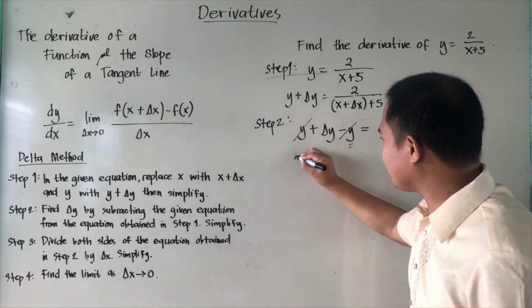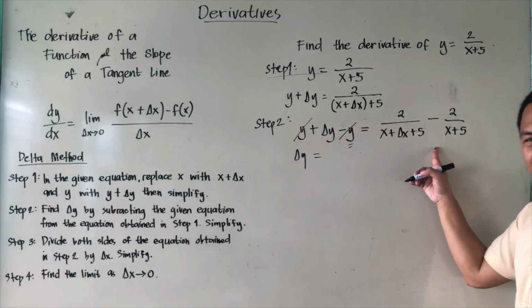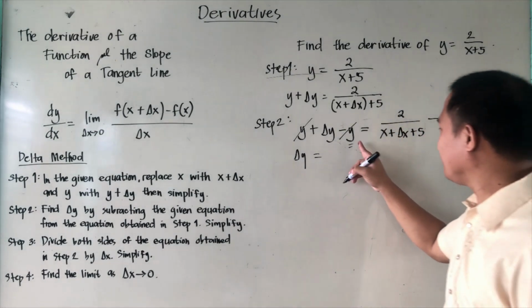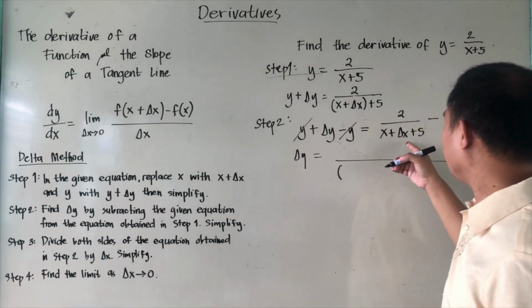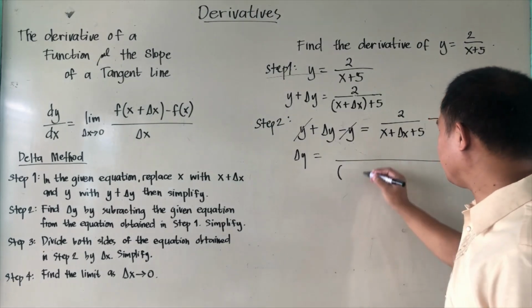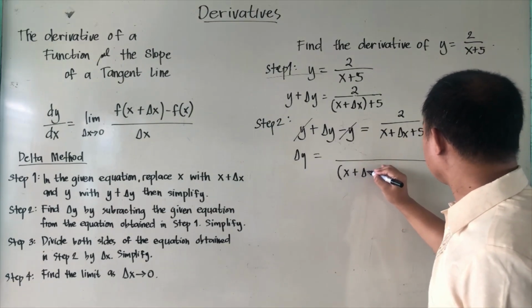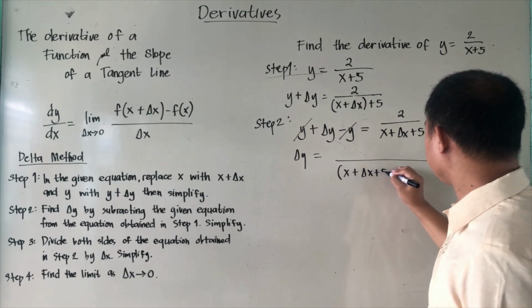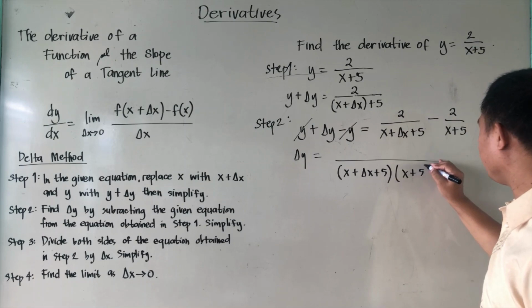We have delta y is equal to, what will happen here? Oh, we have a problem. So we need to find the LCD, which is x plus delta x plus 5 times x plus 5.